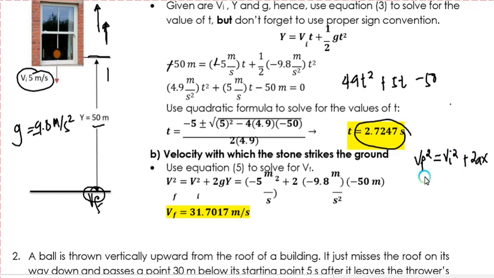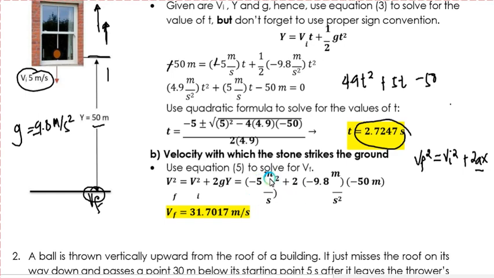Since we have the vertical, we have Vf squared equals Vi squared plus 2 times g, the acceleration due to gravity. Let us now substitute the given values.